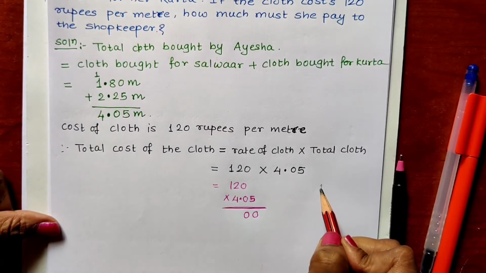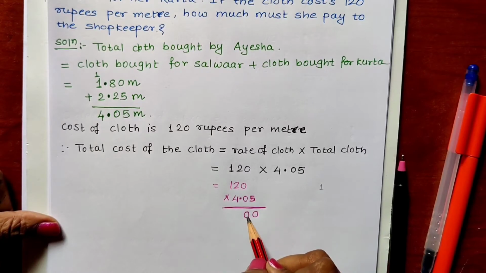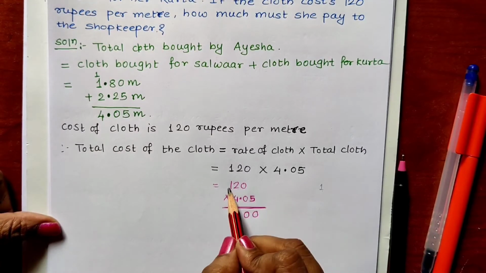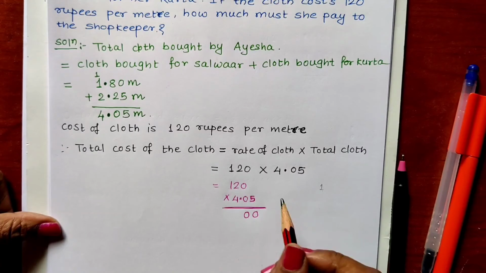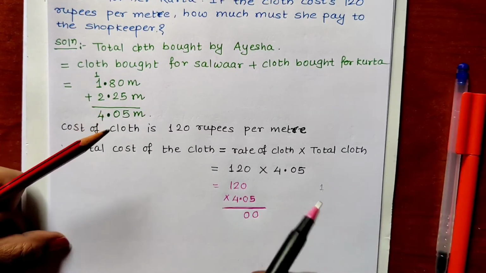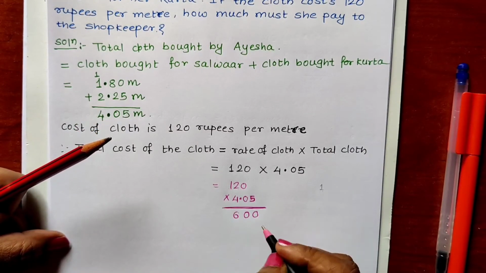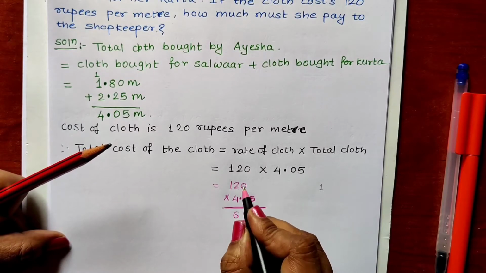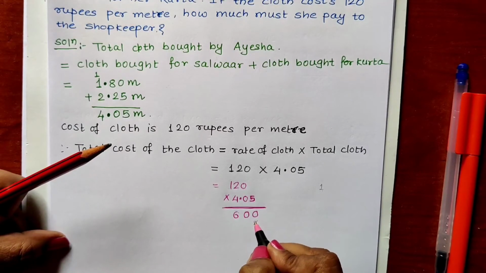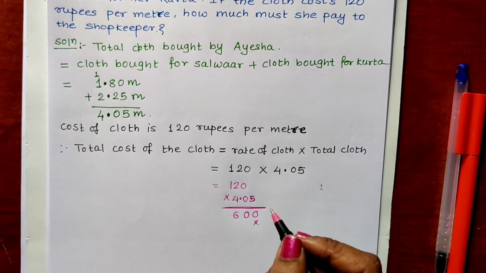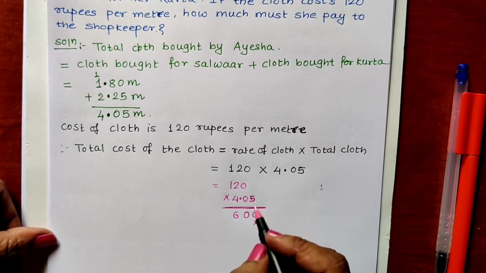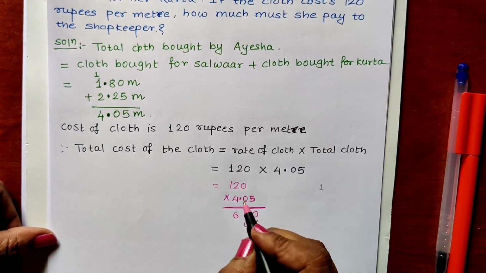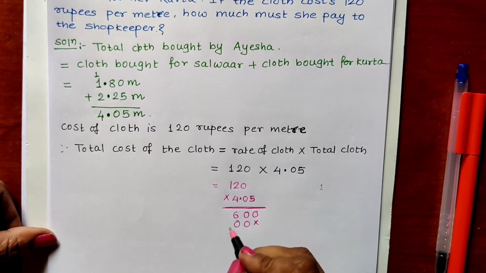Okay, here I have written 5 twos are 10. 0 written, 1 carrying. 5 ones are 5. 5 plus 1 is 6. Okay, 600. Now for multiplying by 0, we first put cross mark below the unit place 0. Then 0 into 0 is 0. 0 twos are 0. 0 ones are 0.